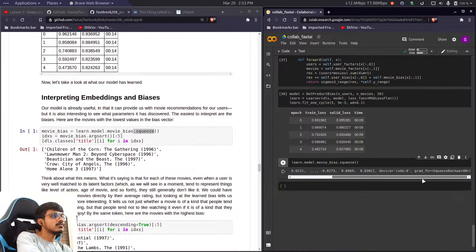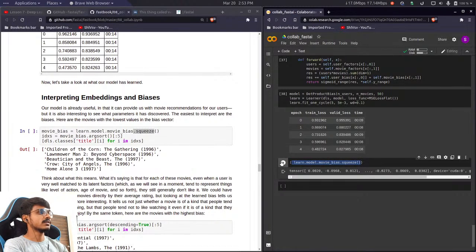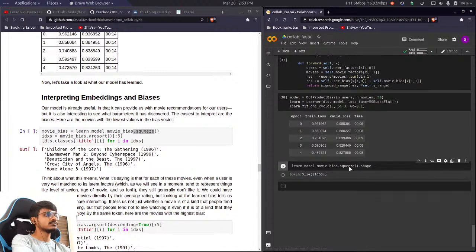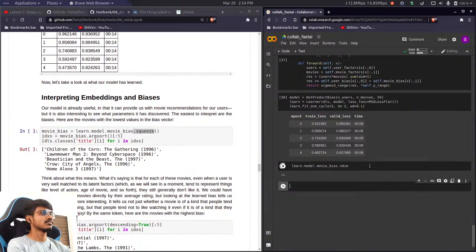What did it do? Squeeze didn't seem to have done anything. The dimensions remain exactly the same.